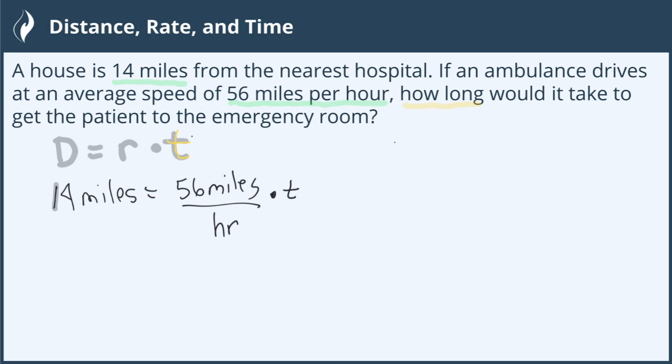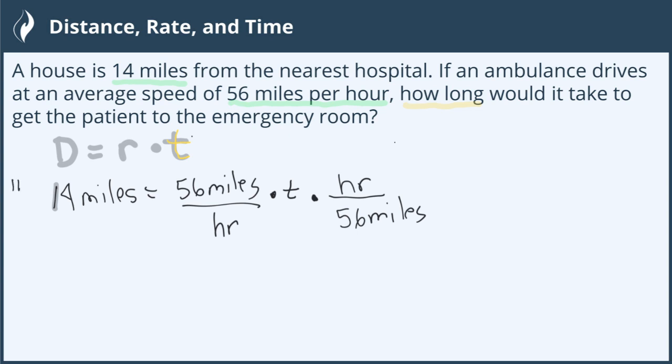Now I want to get this time by itself. So I'm going to multiply this whole thing by the reciprocal. We're going to have an hour at the top and 56 miles at the bottom, and I'm going to do that to both sides.